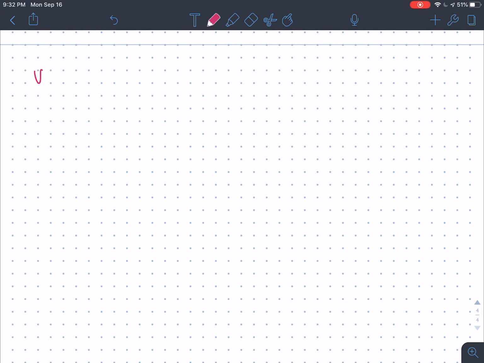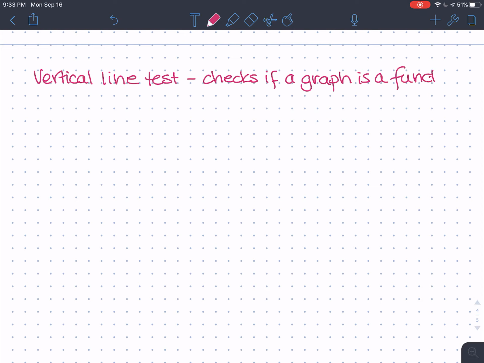So then speaking of that, remember we had the vertical line test. And the vertical line test was used to check if a graph is a function. Well, we also have something called the horizontal line test.